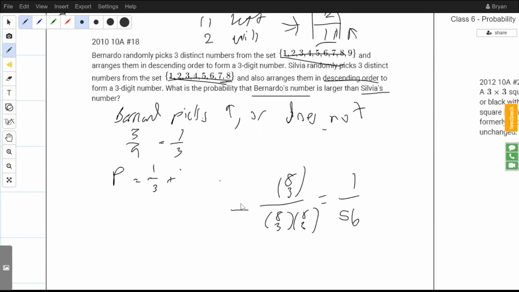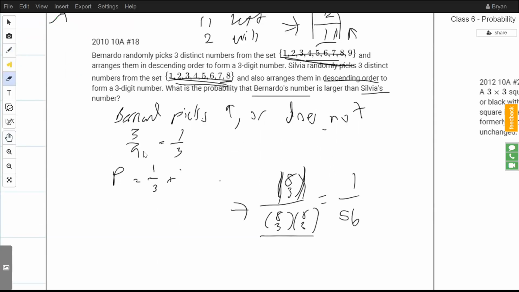I hope you see where I get these numbers from. The denominator is just the total number of ways that they can choose 3 numbers, and the top is that each possible number they can choose is just one case for which they're equal, and there are 8 choose 3 total cases. Right.